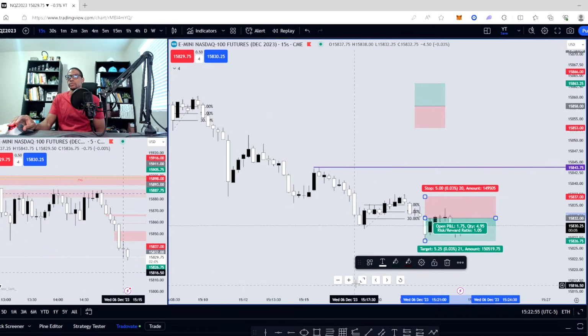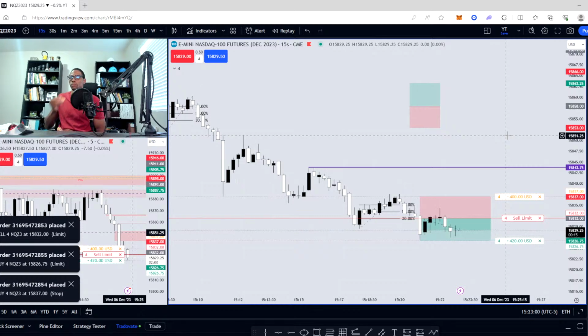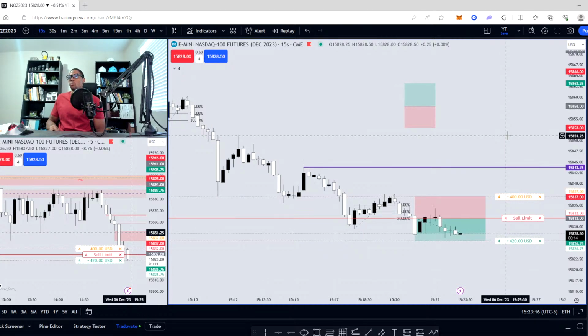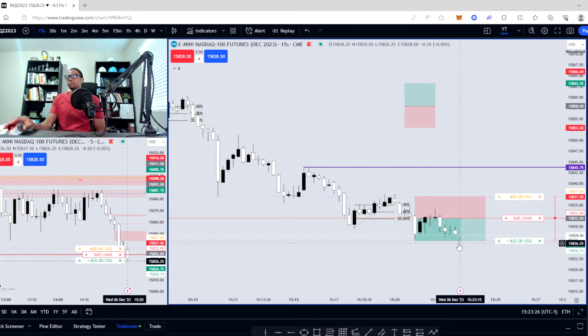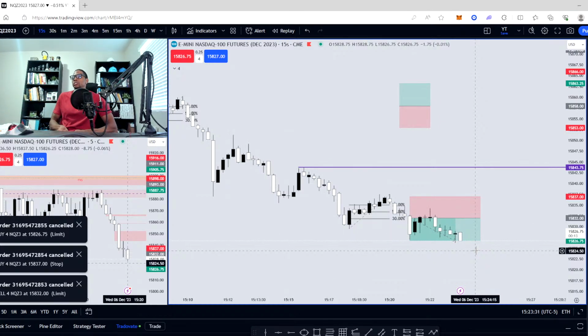Now let's set up our short two just in case it retraces back in and gives us an opportunity. It did not, but it did deliver for anyone who took that trade.